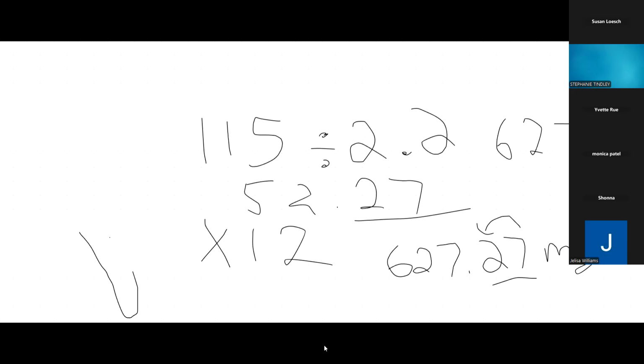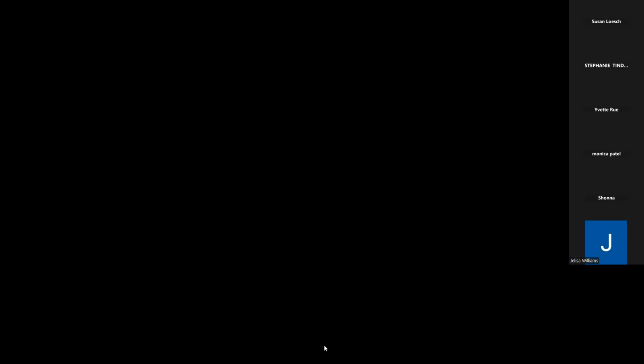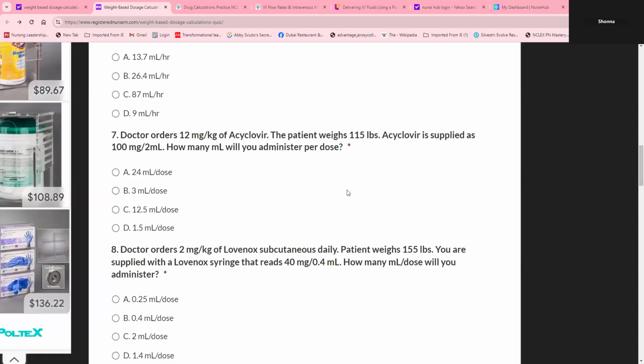Now let's go back to the question, because we're going to carry this out a step further. Can you see the question? Not yet. Okay, how about now? Yes. We determined that we're going to give 627.27, and you should still have this in your calculator.